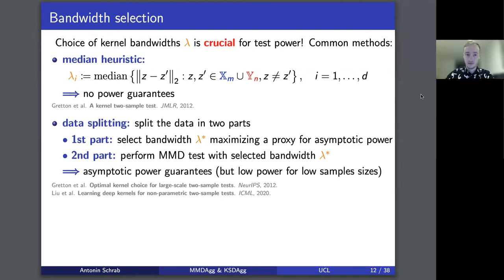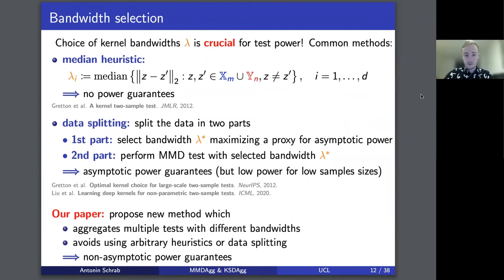And just the fact that we run the test on less data is going to result in a loss of power. So this was first proposed by Gretton et al. for the linear time MMD estimator. And this was then extended to the case of a quadratic time estimator by Liu et al.